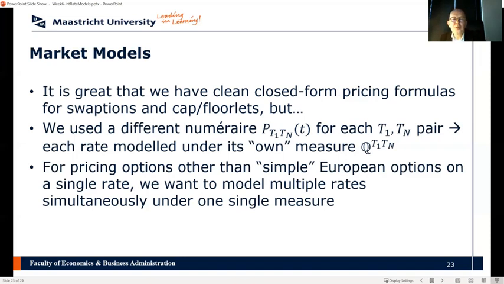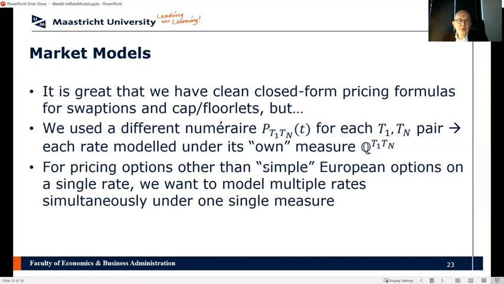This clever choice of numeraire has a flip side, because for each individual swaption or caplet or floorlet contract that we are pricing, we are using a different numeraire. So each T1 Tn pair that we are using induces a different martingale measure QT1 Tn.